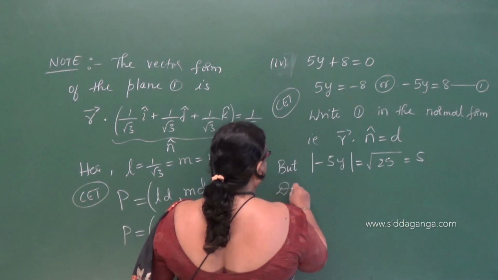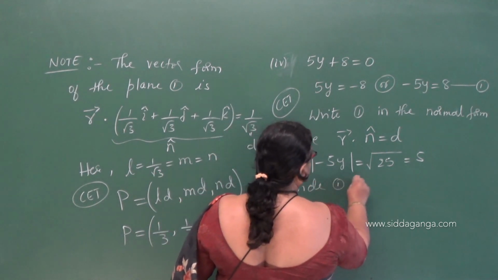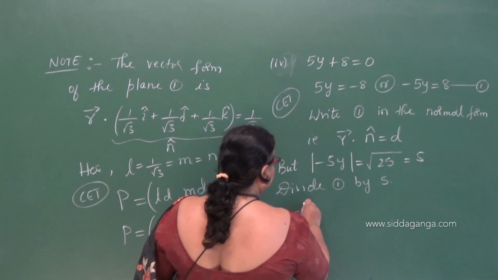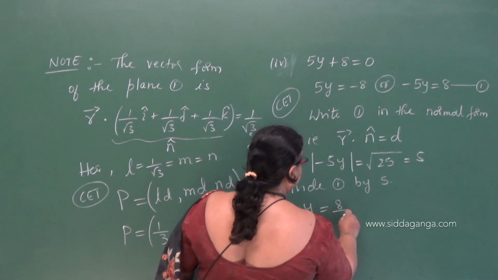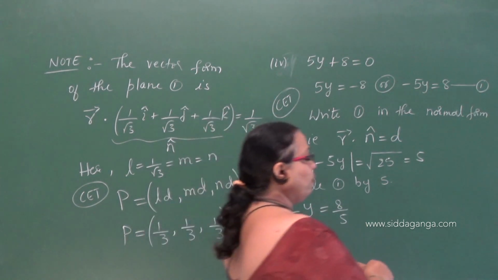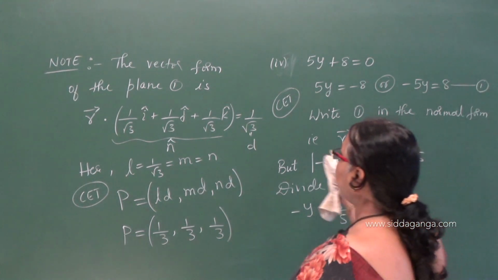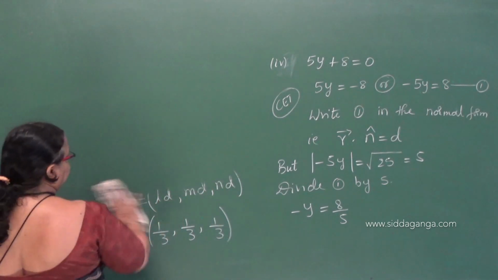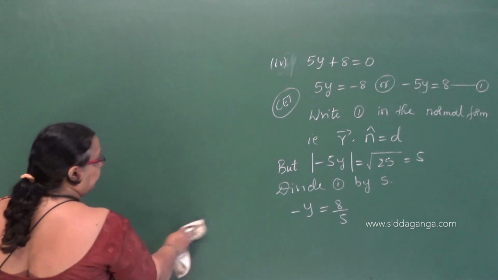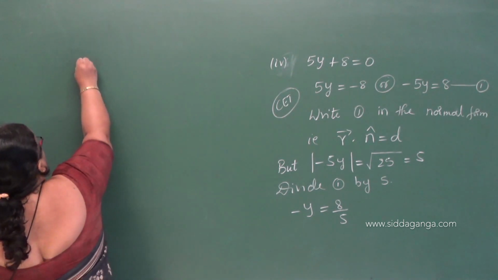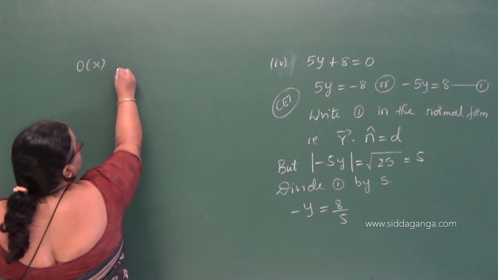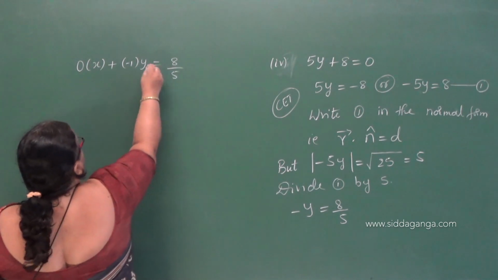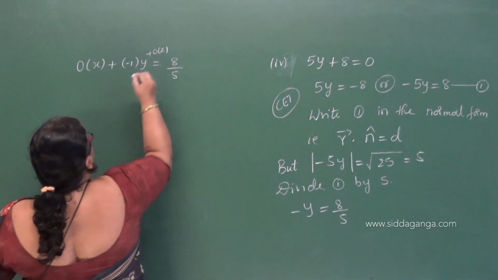So divide equation 1 by 5, then we get minus y equal to 8 by 5. To understand this easily, write it like this: 0 into x plus minus 1 into y equal to 8 by 5 plus 0 into z.